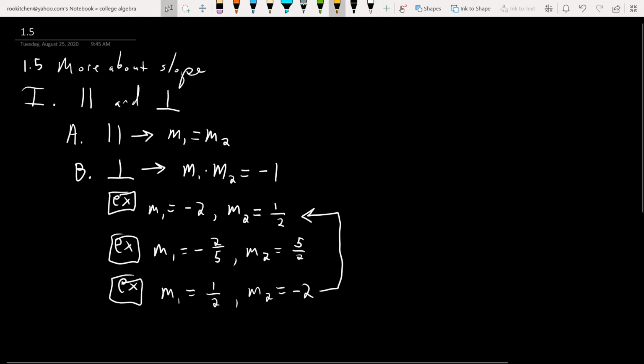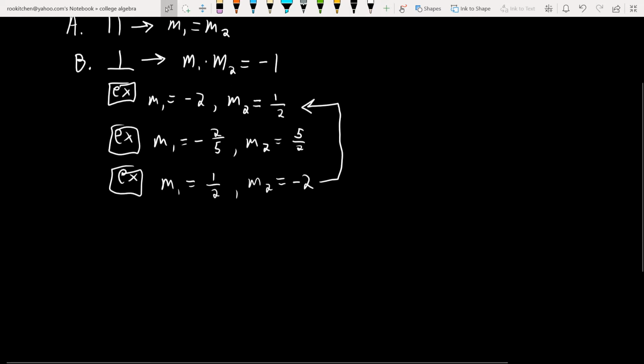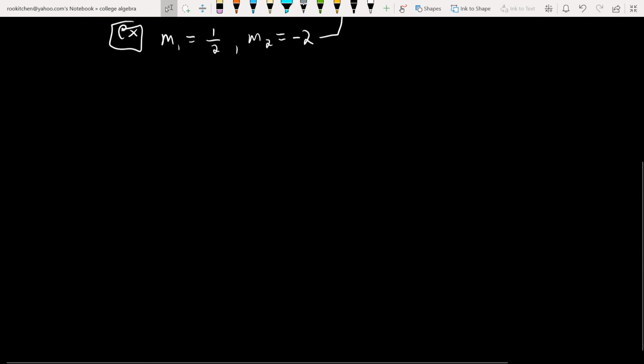Okay, so let's take a look here. What you'll be tasked with doing is finding an equation of a line in either slope-intercept form or general form, such that the line will have some characteristics, right? It'll go through a point and it'll be parallel or perpendicular to some given line. Okay, and then they want you to create the equation of a line.